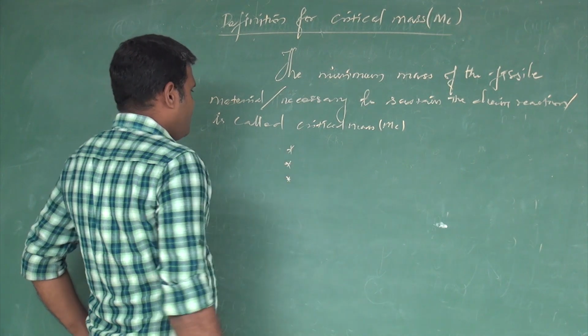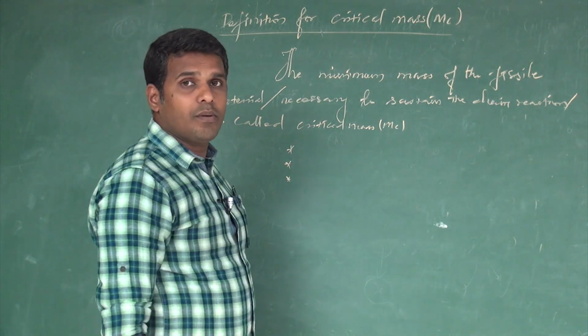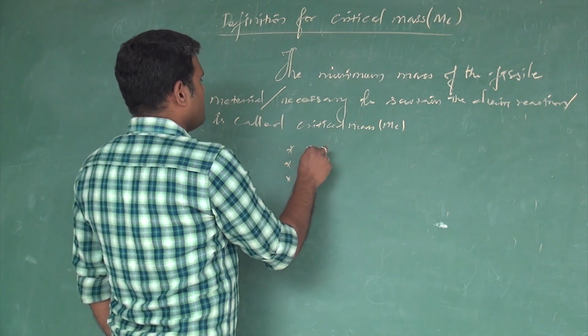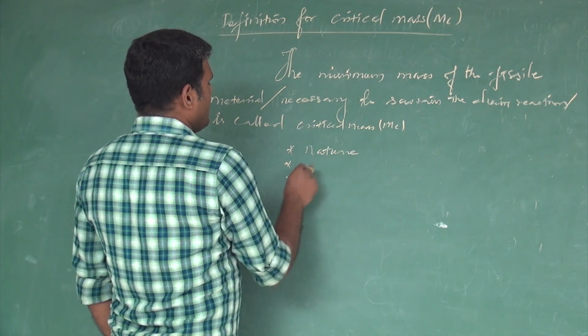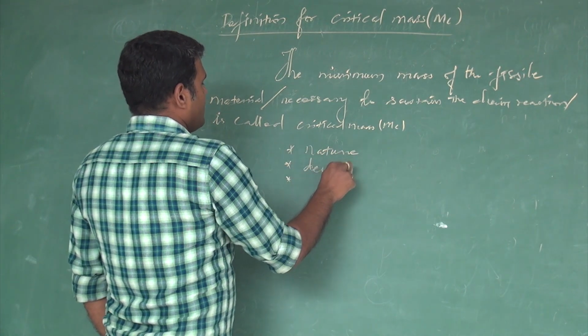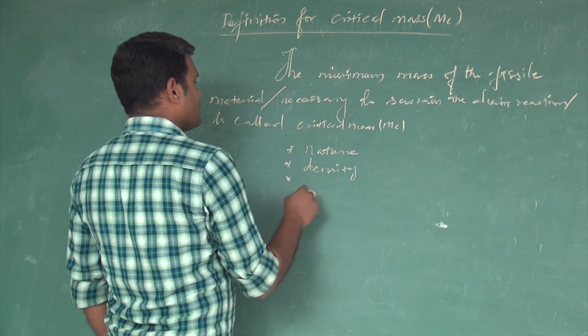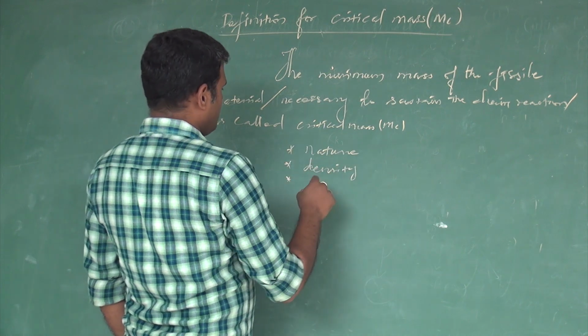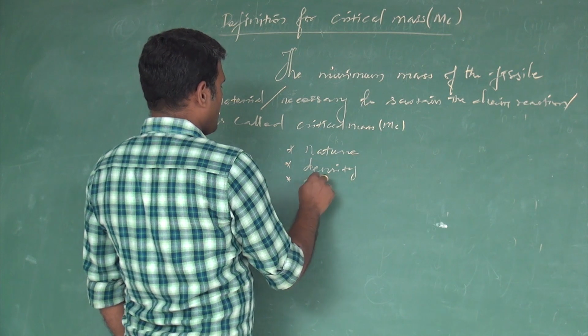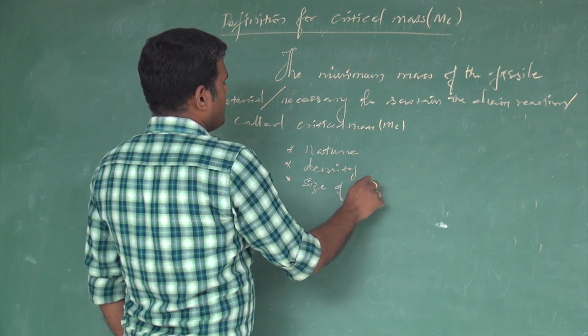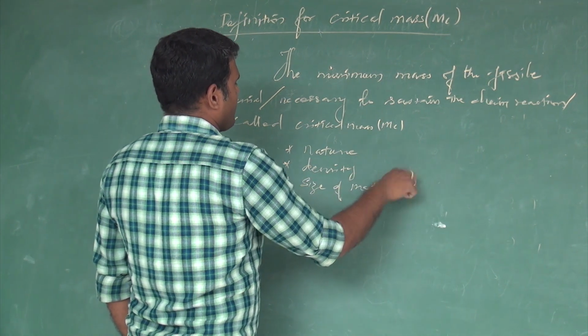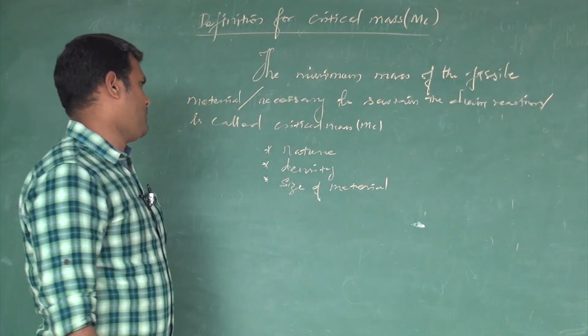What are the factors on which the critical mass of the fissile material depends? First, it depends upon the nature of the material, the density of the material, and also the size of the material.